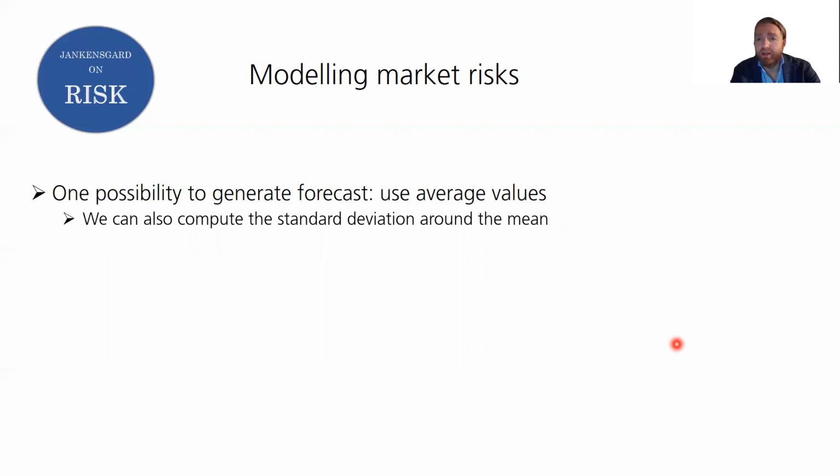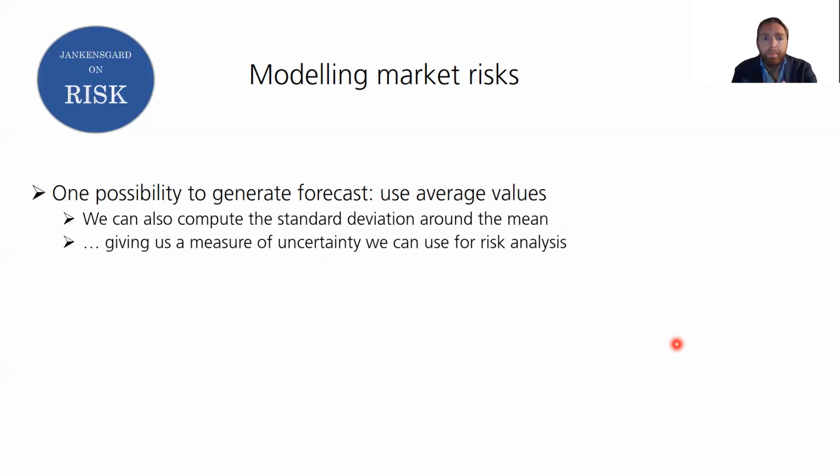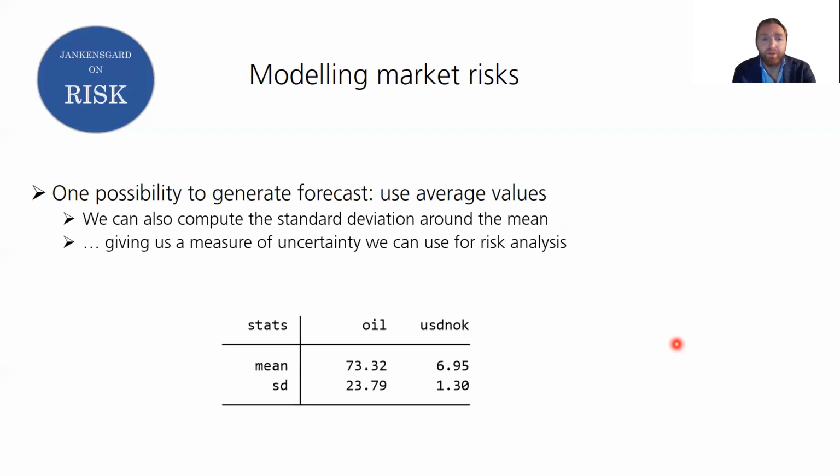The standard deviation is a measure of dispersion around the mean, right? So the higher the standard deviation, the more spread out the values are around the mean. So that we have a measure of uncertainty that we can use for risk analysis later. Because to do risk analysis, we also need some kind of measure of the uncertainty around the forecast. So then we have that.